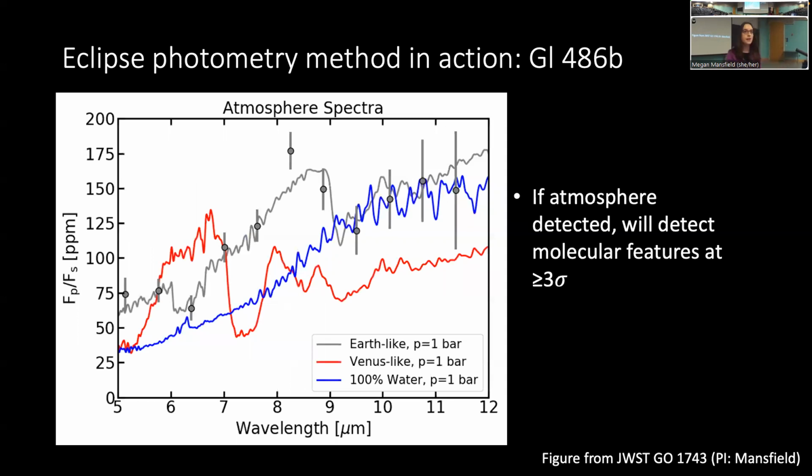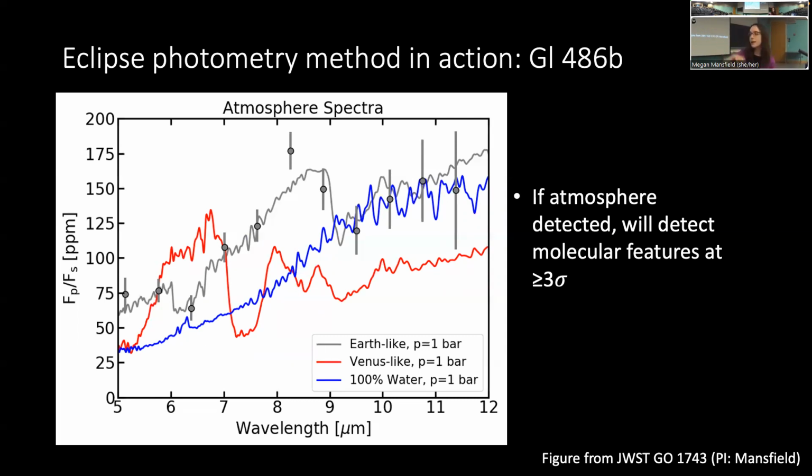But of course, this whole idea is we're getting a spectrum from MIRI low resolution spectrometry, and we're summing that all up to get this one temperature measurement. But we do still get that spectral information. So if we do detect an atmosphere on this planet, we'll be able to separate those data back out into a spectrum and look for molecular features in the atmosphere.